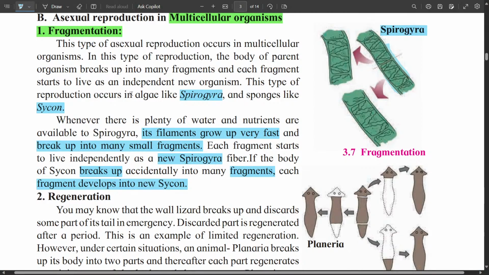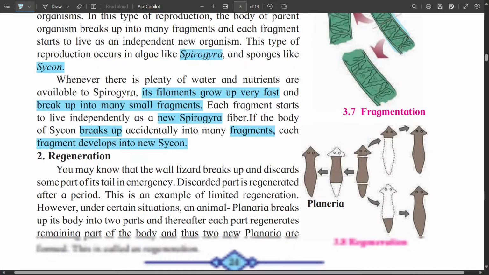So here, although the organisms are multicellular, all the cells in their body are the same. So simple breaking down into multiple parts is sufficient for reproduction. So this is fragmentation in multicellular organisms.